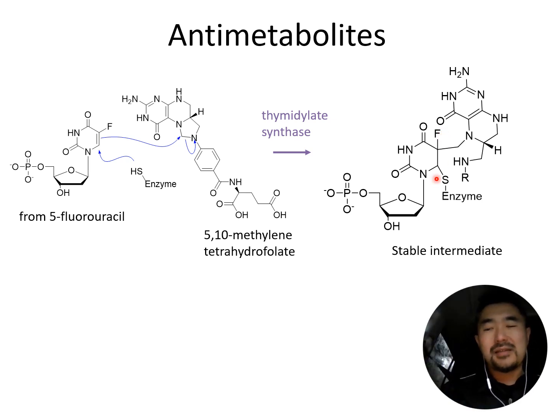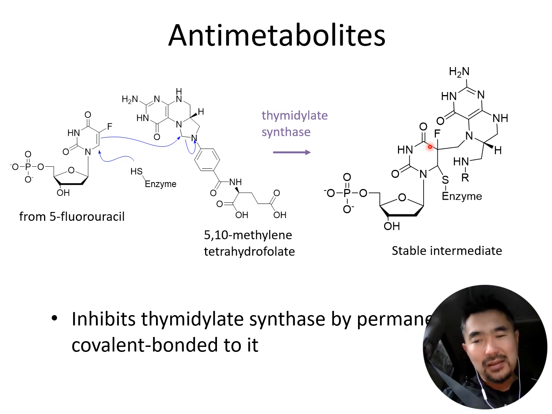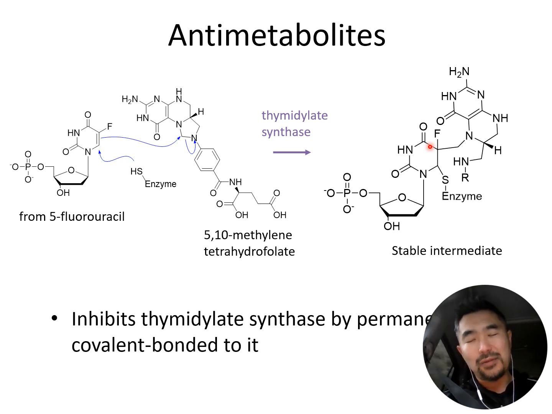So that means this is a very stable intermediate that cannot collapse like the last intermediate, and so the thymidylate synthase basically gets stuck here. It's forever covalently bound to this uridine analog, and that's where everything stops.